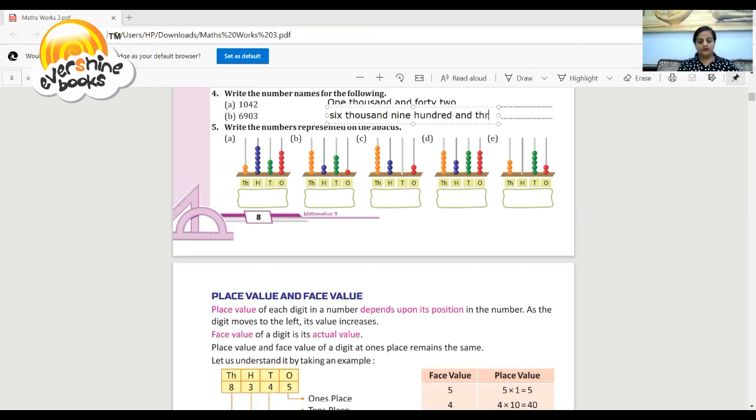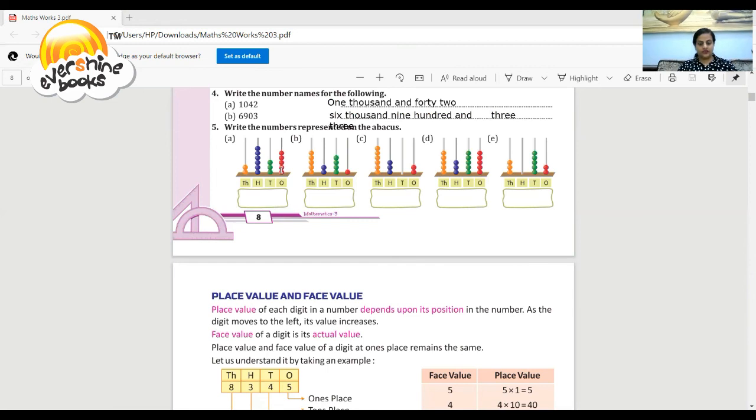What is the spelling of 3? That is Three. It is not coming here, so we will write here 3. Three. So 6,903 is the answer.